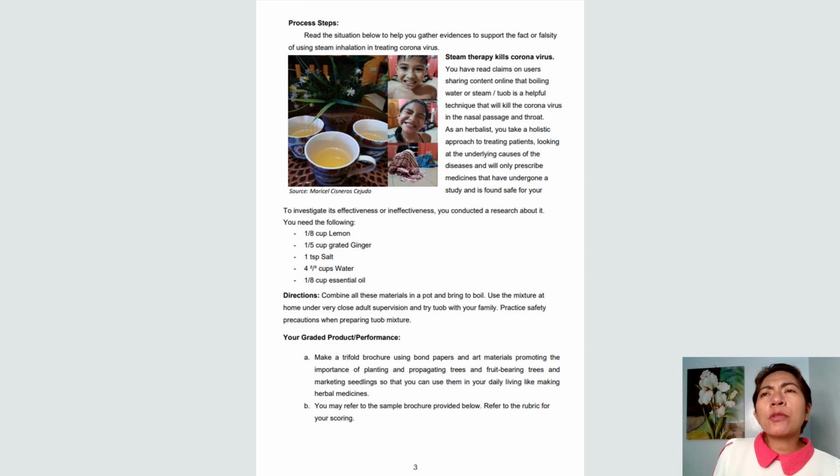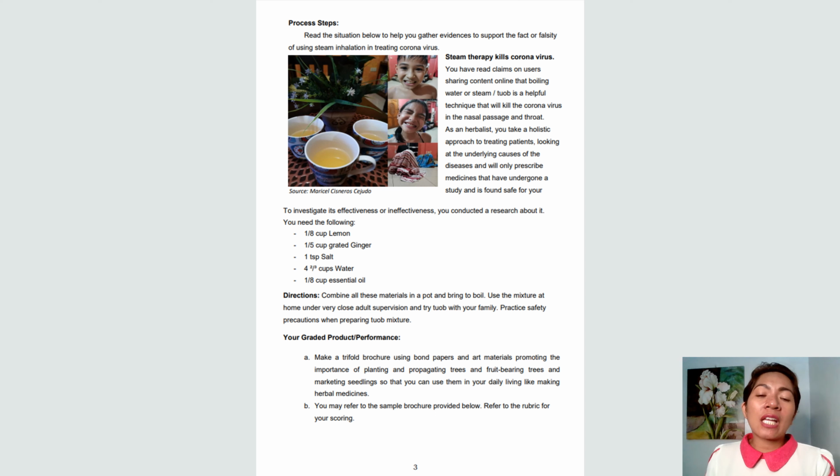Okay, you might be thinking, what about if lemon is not available and essential oil is not available? So you can edit this part here. You might as well indicate here 1/8 cup lemon or calamansi juice or whichever is available at home. Or pwede mo rin dito lagyan 1/5 cup grated ginger.